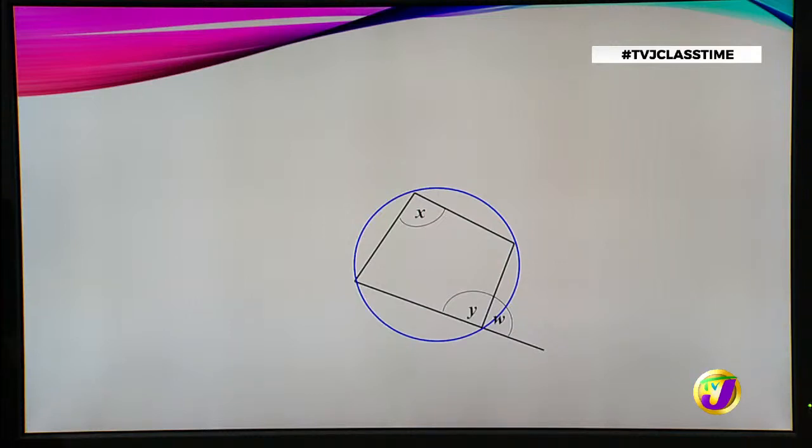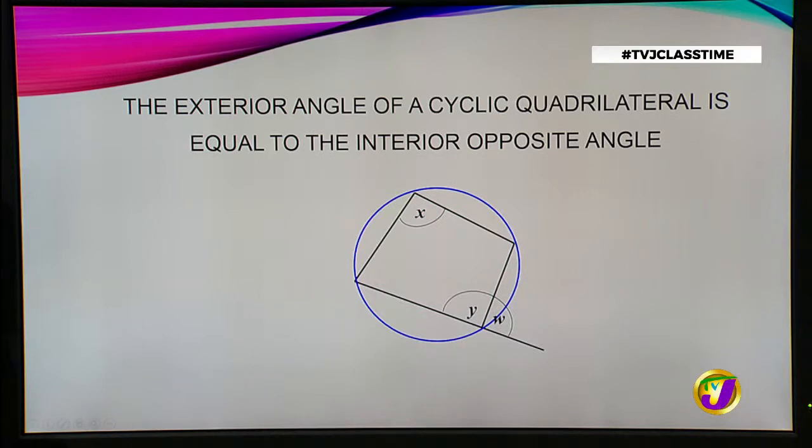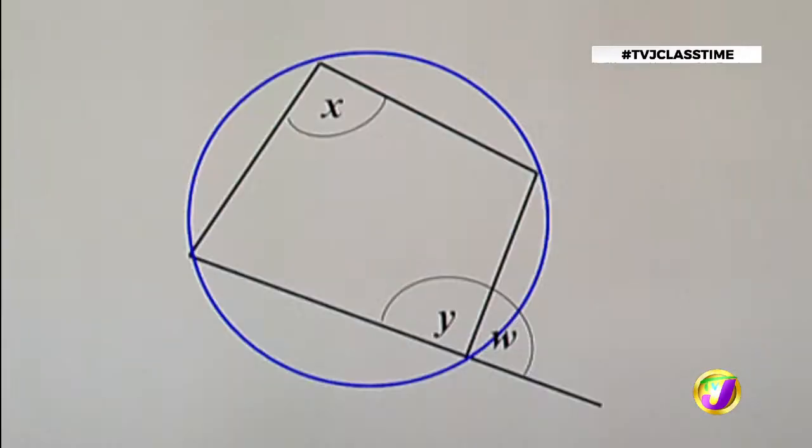Okay. Let's look at this one. What can you tell me about this one? So I am seeing a cyclic quadrilateral, a quadrilateral inside of a circle.